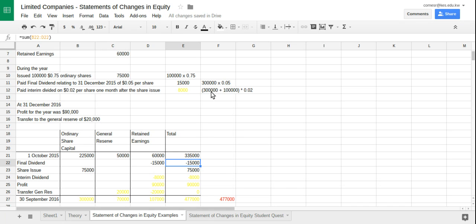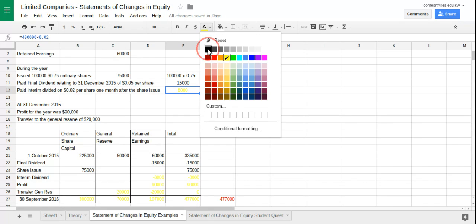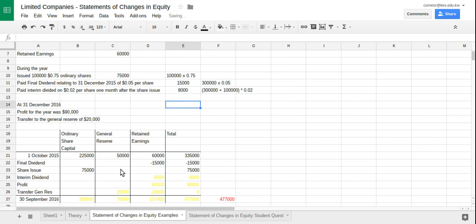So we've got the 300,000 original shares, we've got 100,000 new shares. We add those two together and we multiply it by the interim dividend. 400,000 times 0.02 comes to 8,000. And that's going to be a minus figure.